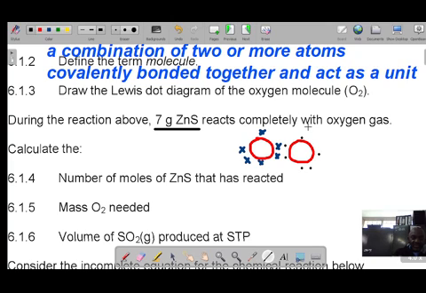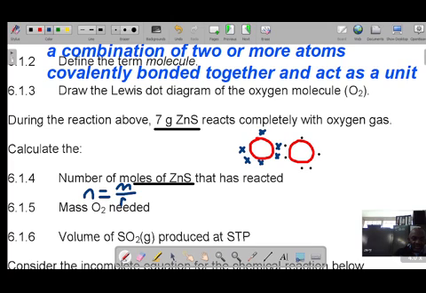The number of moles of zinc sulfide is given by n equals mass over molar mass. They gave us the mass, over the molar mass for zinc sulfide.